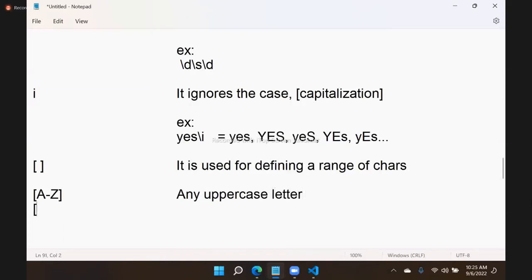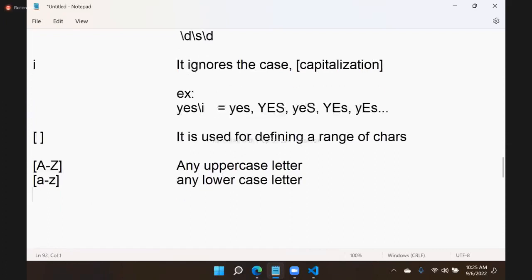Suppose I write a hyphen z in lowercase, this indicates any lowercase letter, only lowercase allowed, nothing else. Uppercase alphabet, A to Z, any. How many? One. That means either A, B, C or D, like that. Any one character only, uppercase only allowed.